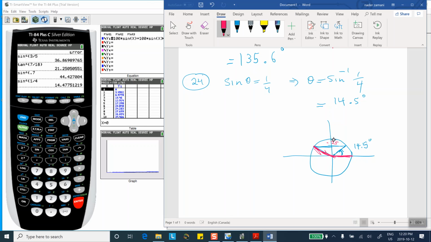It has the height 0.25. So theta 1 is what the calculator spits out, no problem. But there's also theta 2, which is once again 180 degrees minus 14.5, which I think is 165.5 degrees. Good.